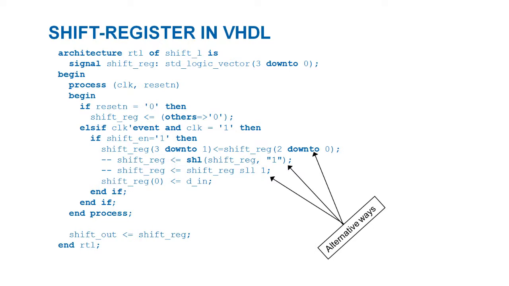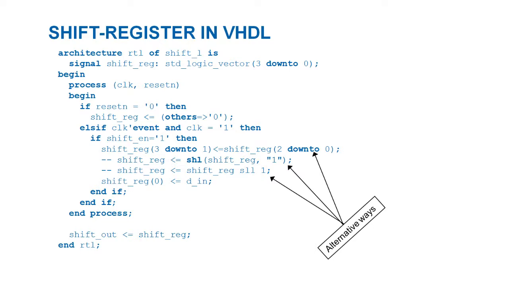Here I have 3 alternatives to implementing the shift register, one of which is simply implemented by myself. In this case I say that shift_reg, the internal signal that I've created, 3 down to 1, copies the old value from the lower bits, from 2 down to 0.